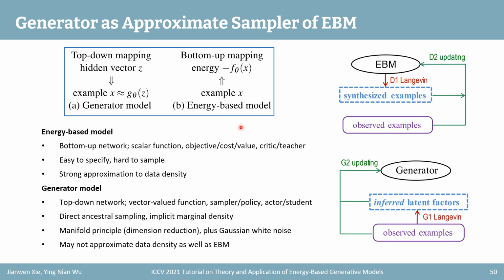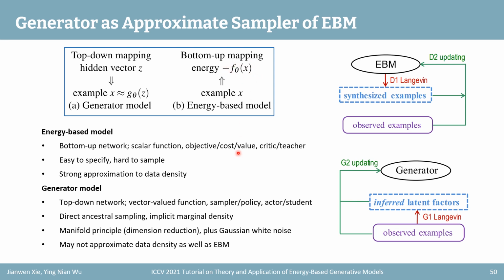For the energy-based model, you only need to specify a scalar function. So this f is a scalar function, but this g is a vector-valued function. It needs to produce this high-dimensional X. Therefore, it is much easier to specify or to learn this scalar function.